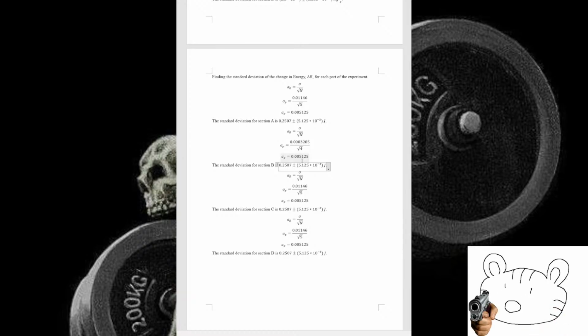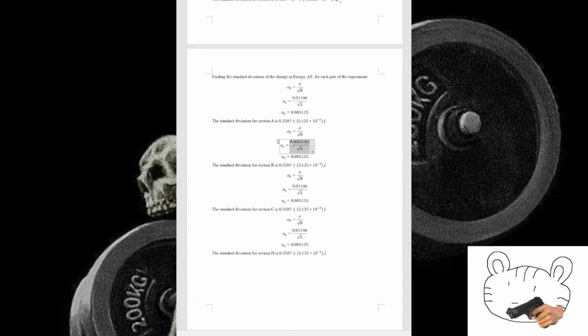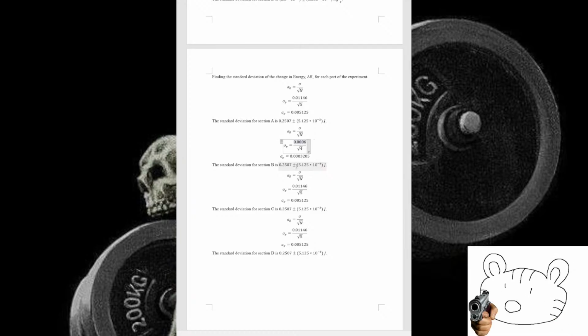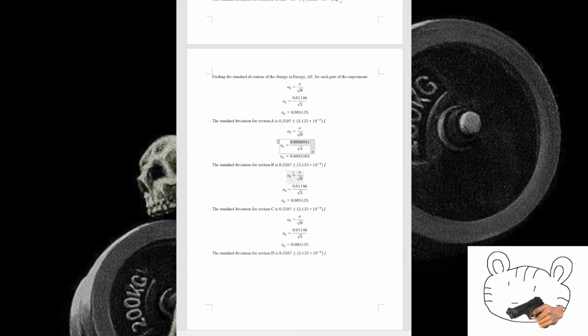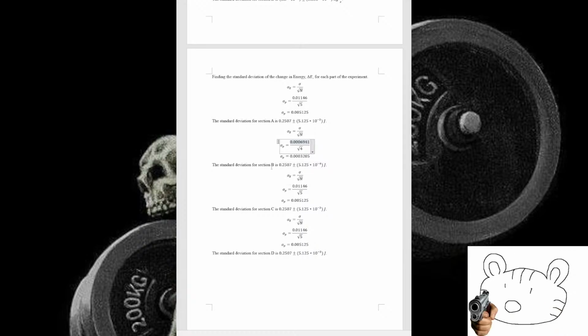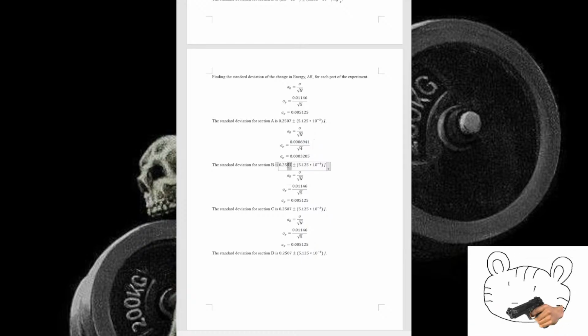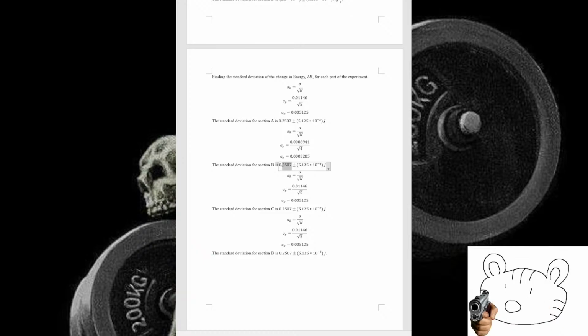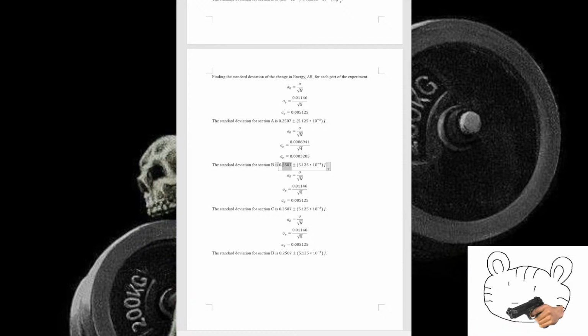Oh, oopsie daisies. That's supposed to be the answer. In reality, it's 6941. There we go. We got one of those, and then our mean for the change in energy is 0.002836.